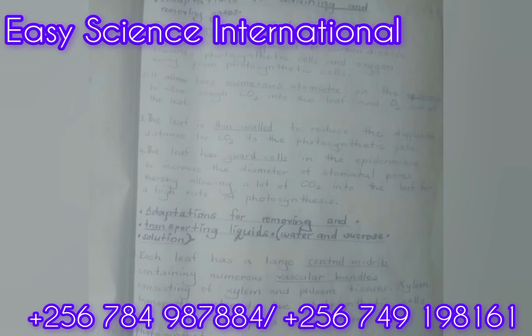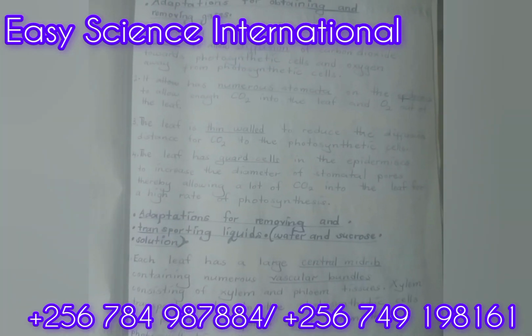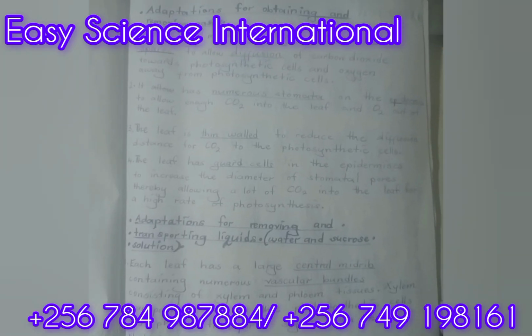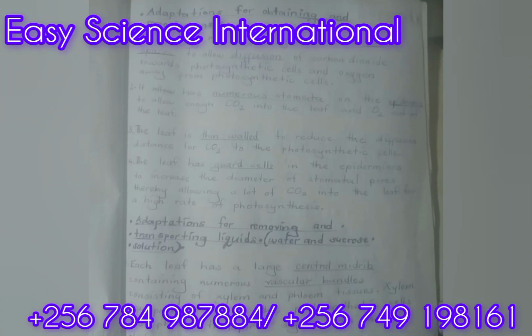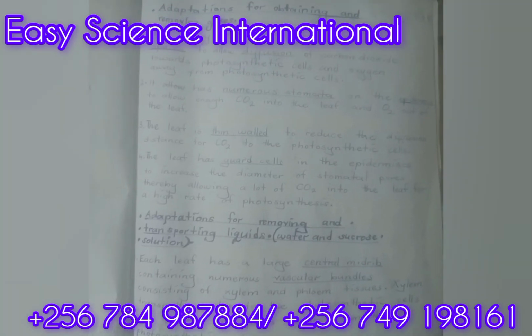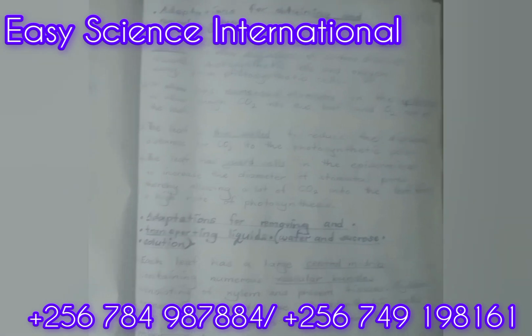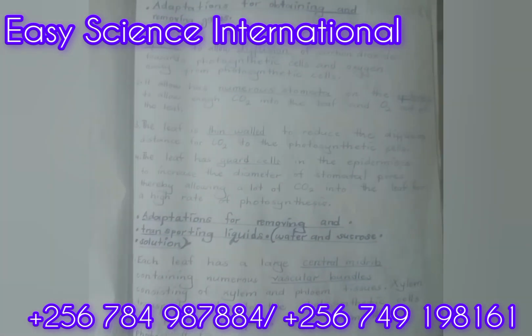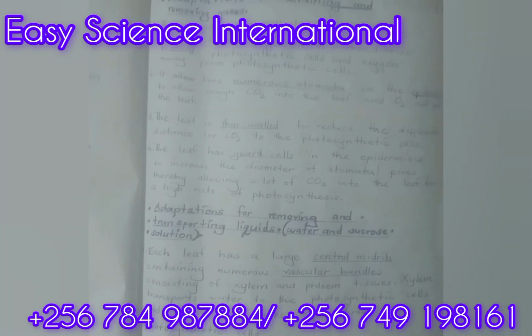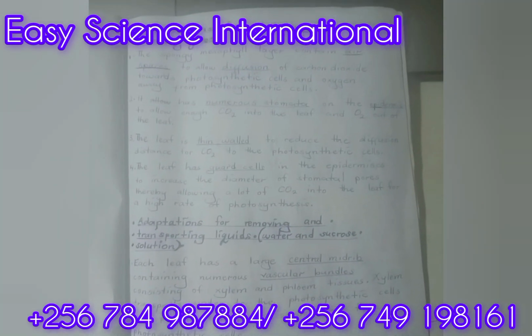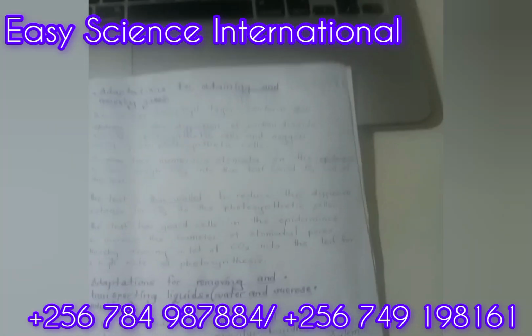That is self-explanatory. Then fourth, the leaf has guard cells in the epidermis to increase the diameter of the stomata, thereby allowing a lot of carbon dioxide into the leaf for a high rate of photosynthesis, and also, the other way around, allowing out a lot of oxygen. So those are the adaptations of the leaf for obtaining and removing gases.